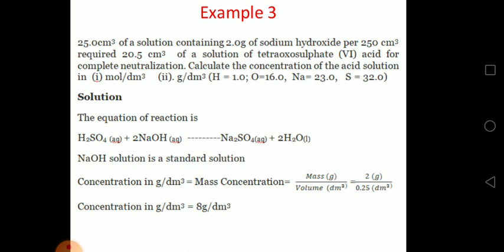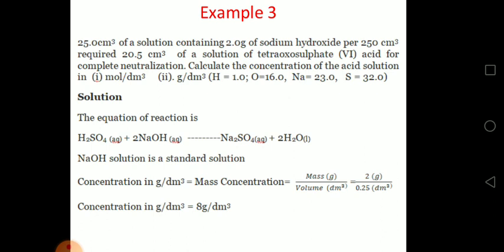So if you look at it very well, sodium hydroxide is a standard solution because we can calculate its concentration since we are given the mass and the volume. So we can get the mass concentration, and once we have the mass concentration, we can also determine the molar concentration. By so doing, we know that sodium hydroxide is a standard solution.